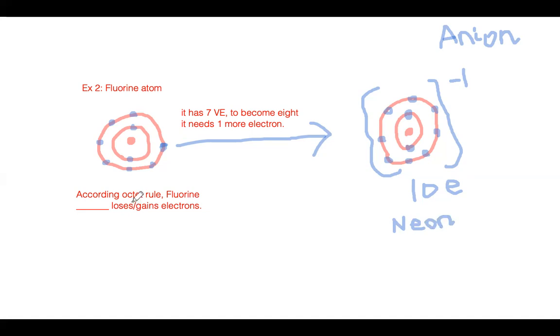Fluorine gains 1 electron according to the octet rule, to become 8 electrons in the outer shell. The charge becomes -1. It has become an anion. Now it has 10 electrons and reached the noble gas structure of neon.